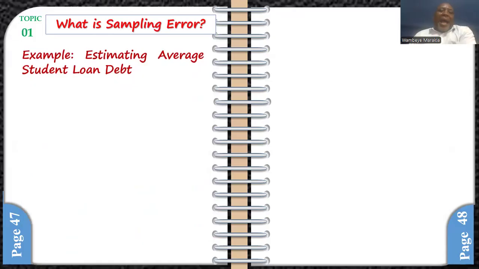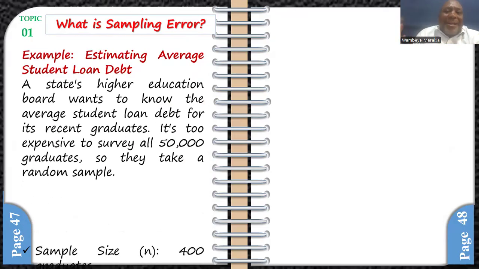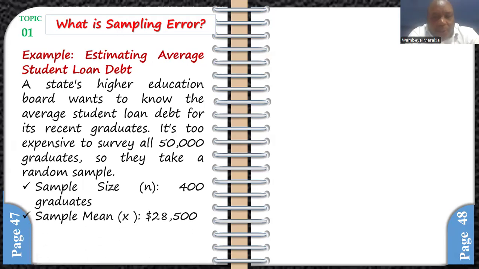Now, I'm going to consider several examples of using this formula and how to use them in our day-to-day life of research.